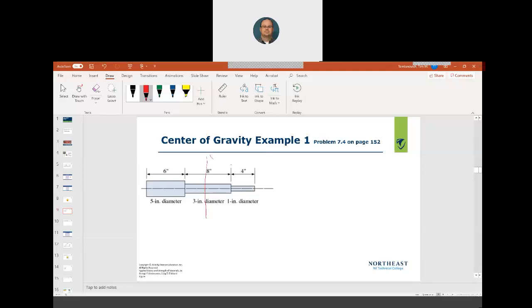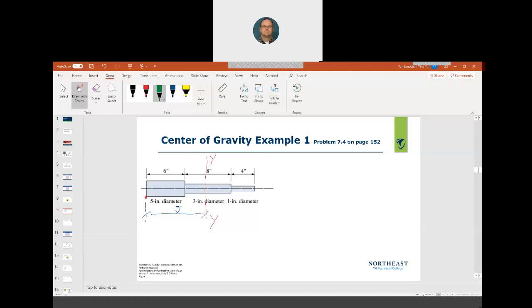So this is y. I'm going to start from an origin here. And then what I want to find is, the problem is asking me, what is x bar. So basically what we do is we break this up into components.